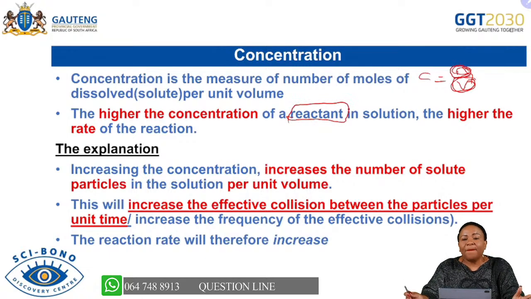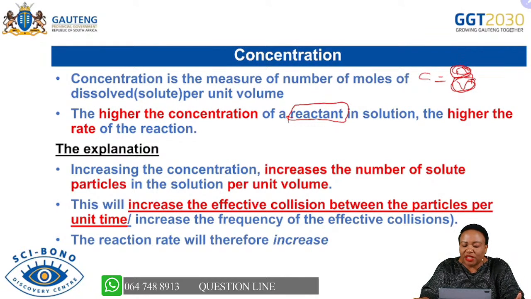Because you'll be given a chemical reaction, you will sometimes be confused about which concentration you must increase for this rate of reaction to be faster. So you need to know that you will increase the concentration of the reactants to increase the rate of the reaction. Now, what is exactly happening if you increase the concentration?